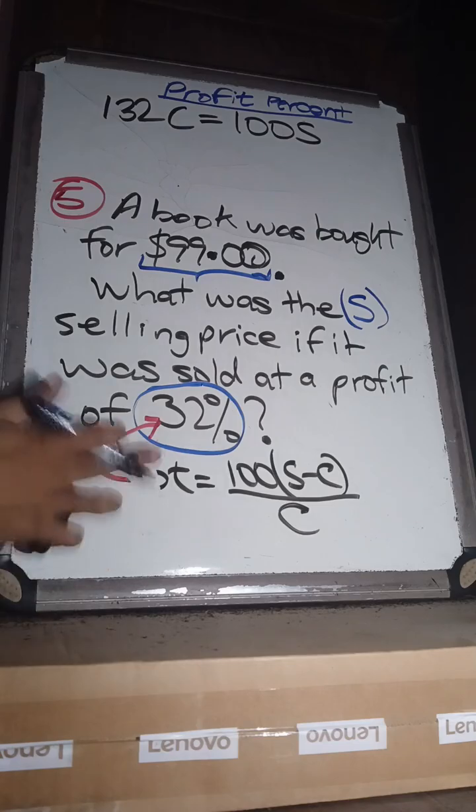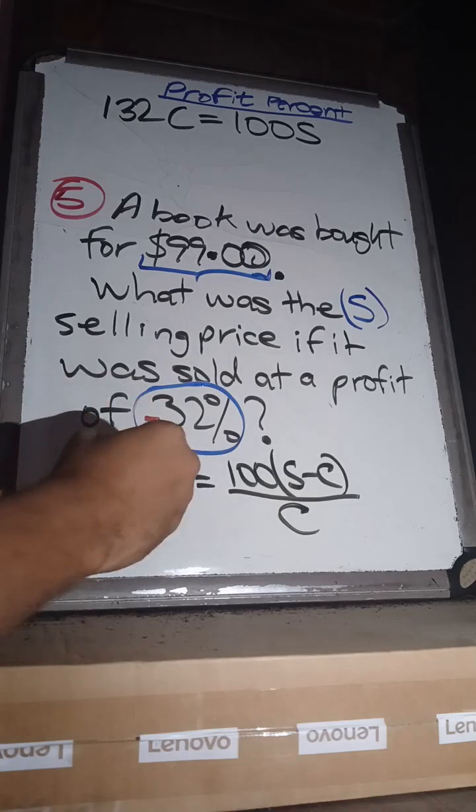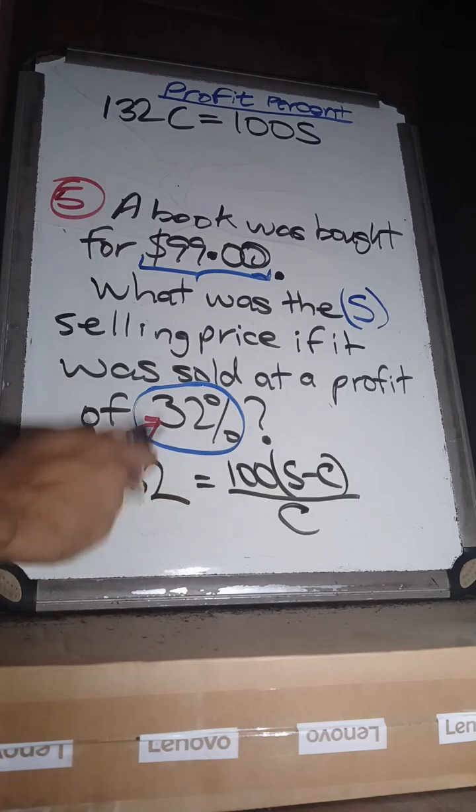Instead of this, because I call it PPT, profit percent, let us write the number 32 here instead.